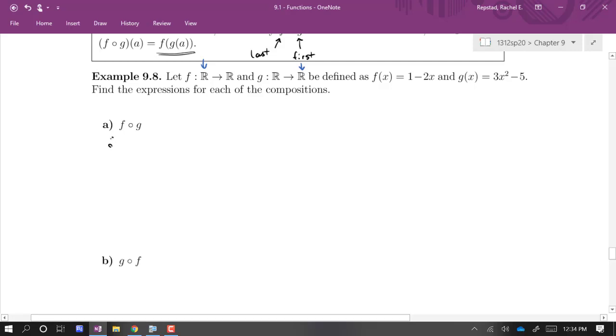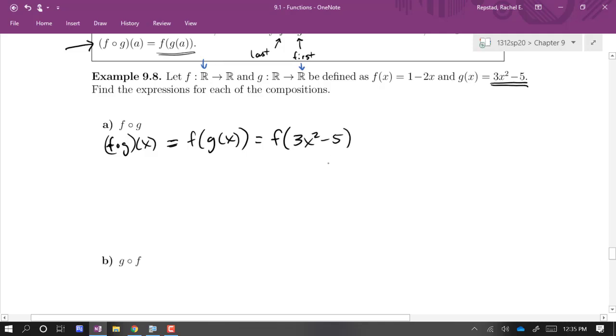So f of g of x is equal to, the first thing I'm going to do is just rewrite it the way that it suggests in the definition, f of g of x. And this means that I'm taking the g of x function and I'm plugging it into the f function. So this is f of 3x squared minus 5. Now, I know how to plug in an expression to another function.